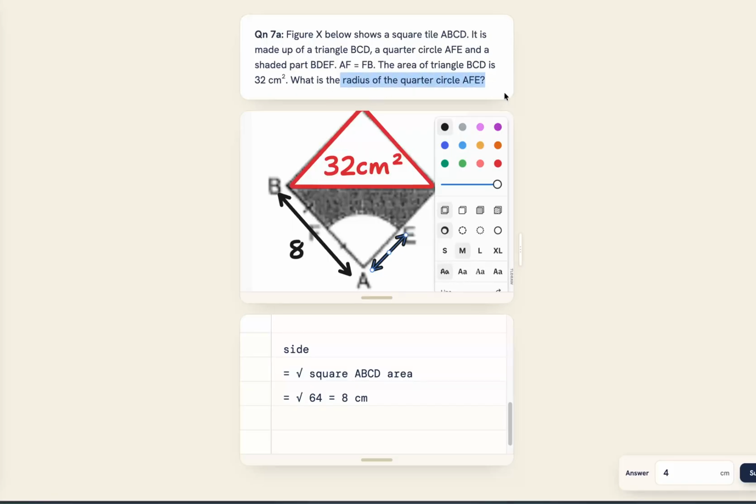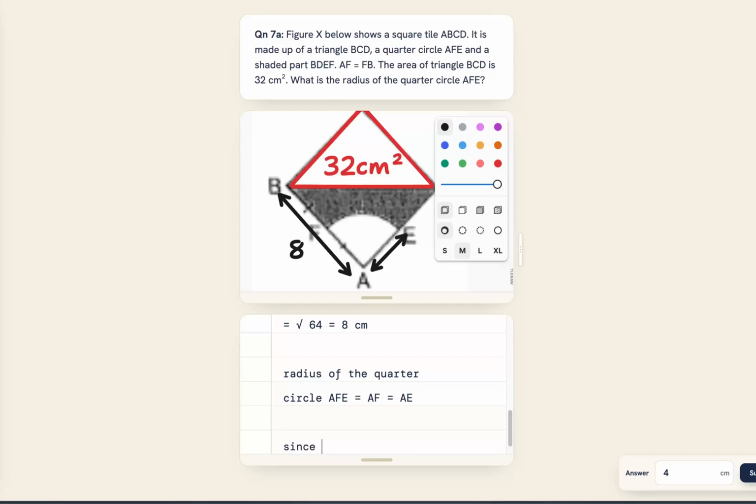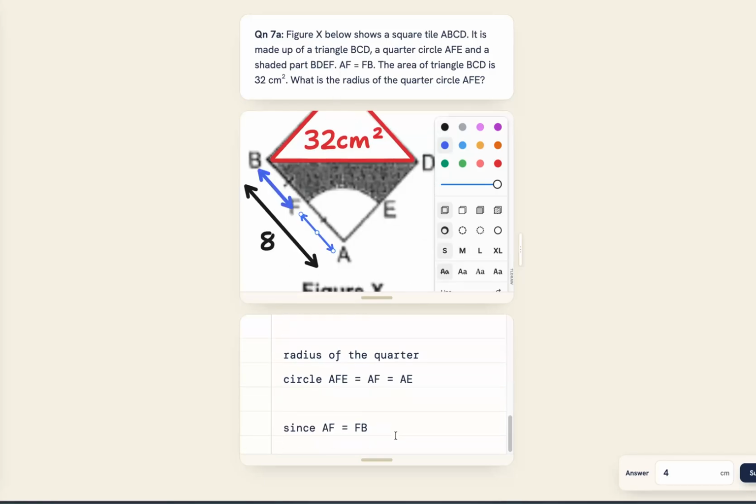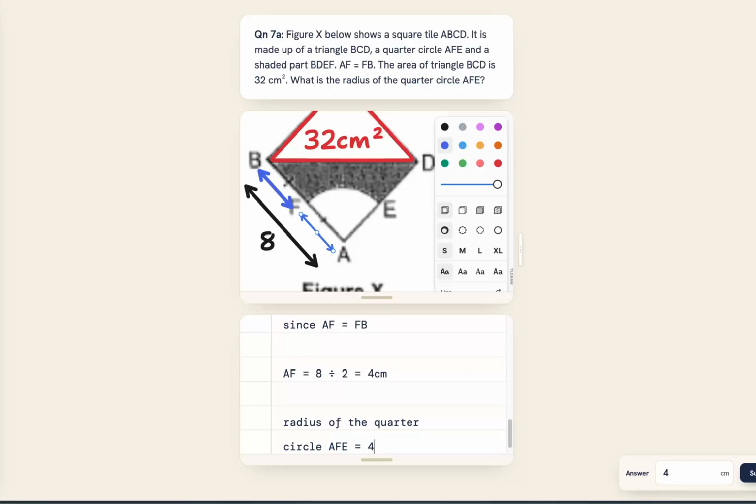So radius of quarter circle is basically the same as AF and the same as AE. Since AF is equal to FB, because they are identical, that means AF is equal to 8 divided by 2. This will give us 4 centimeters. Since we know AF, that means radius of quarter circle will then be equal to 4 centimeters.